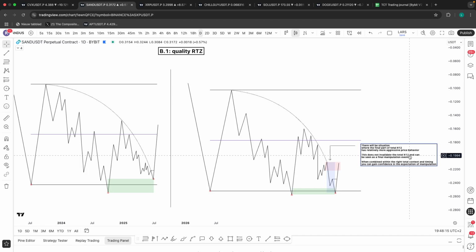This does not invalidate the total return to zone and can be seen as a final manipulation event. When combined within the right total context and timing, you can gain confidence in the expectation of the manipulation.